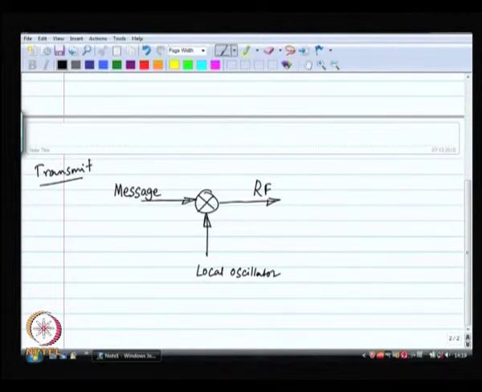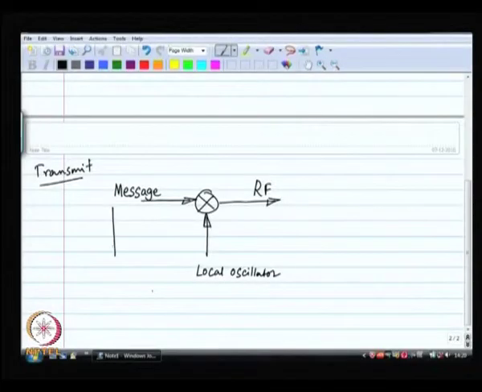Now, this message that we are talking about, suppose it is voice, just a crude assumption, since voice is no longer sent directly like that, but anyway let us say it is voice. If it is voice, then the spectrum of the message is something like this.